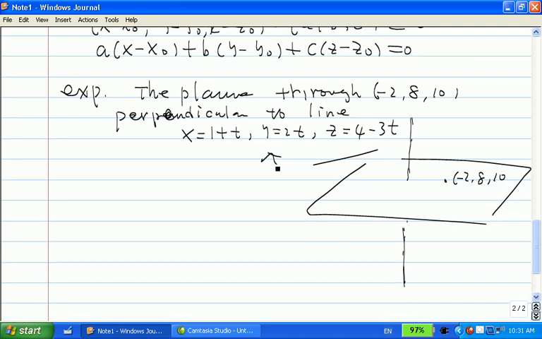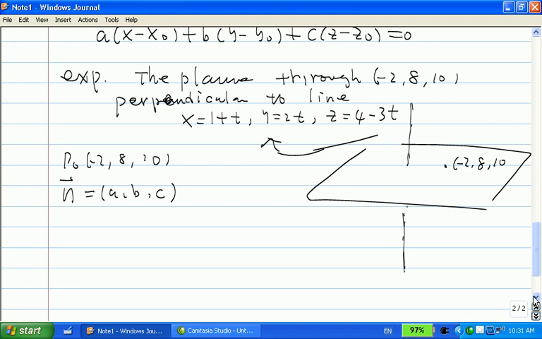Okay, now what are we looking for? To find the equation of a plane, we need to know P0, which we have, that -2, 8, and 10. So we need to find the n, A, B, C. So how do we find the n? We know this plane is perpendicular to the given line. So they give us the equation of the line.